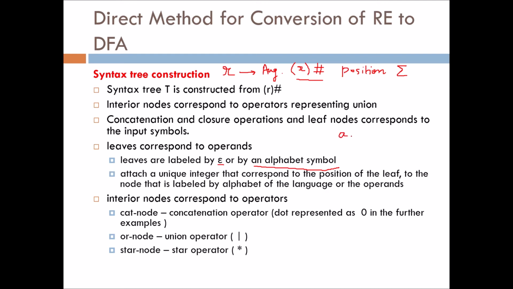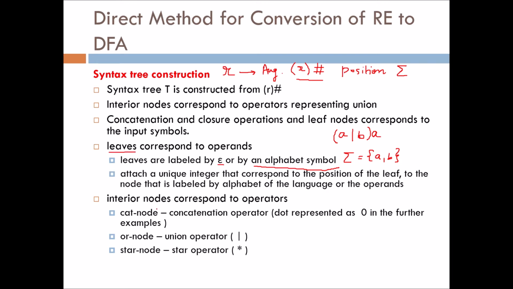For example, if I have a regular expression like this, it states that I can have a string starting with either A or B and it should end with A. So there are two characters available as the input symbols, so the alphabet set will contain A and B. Anything from this alphabet set can become a leaf node of this tree.